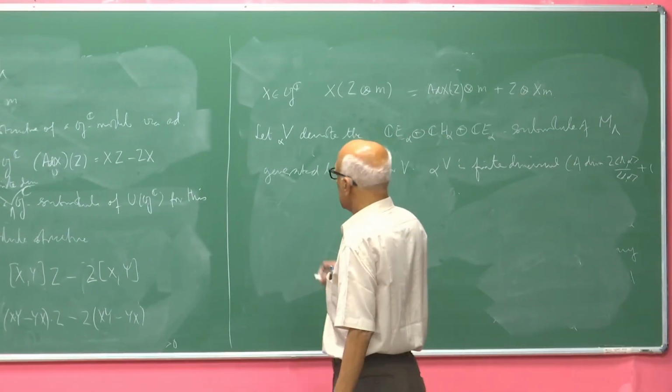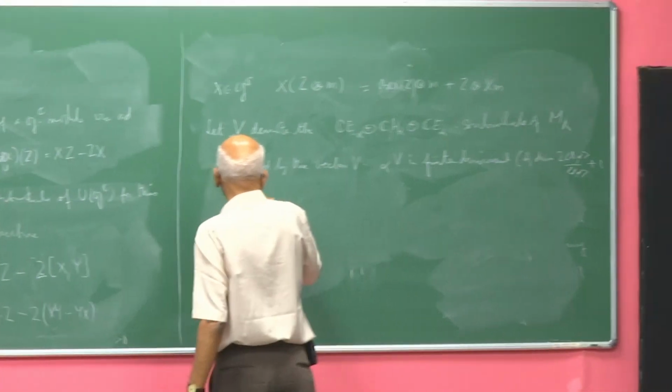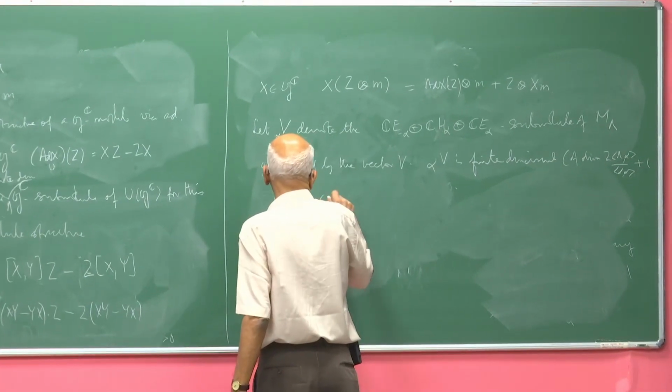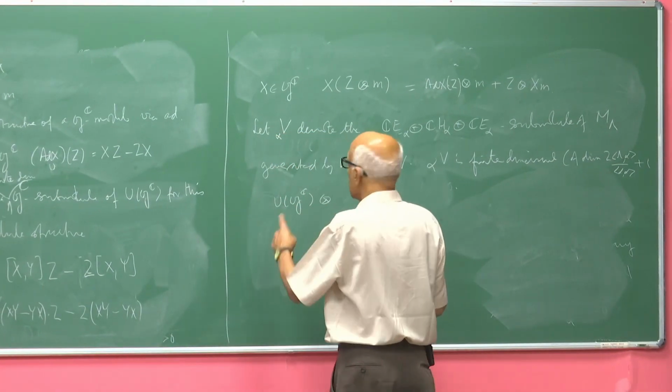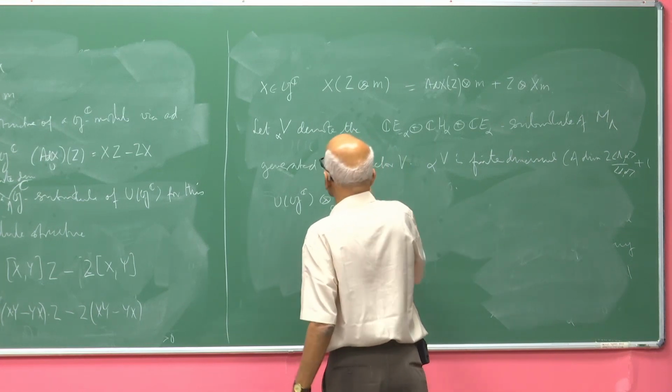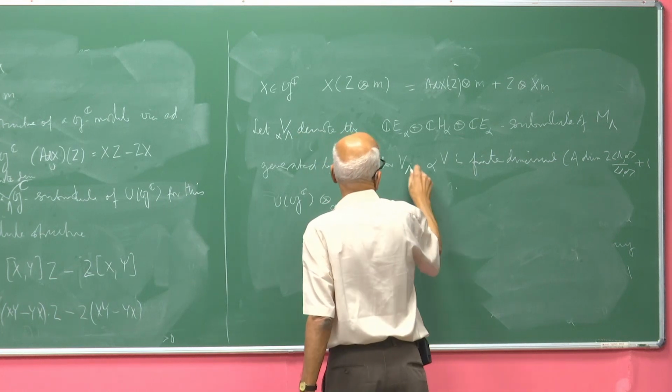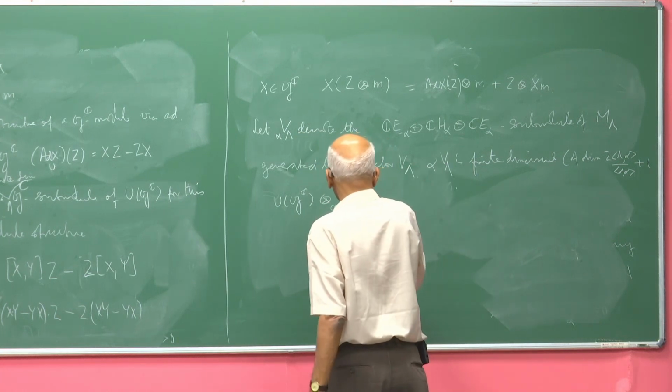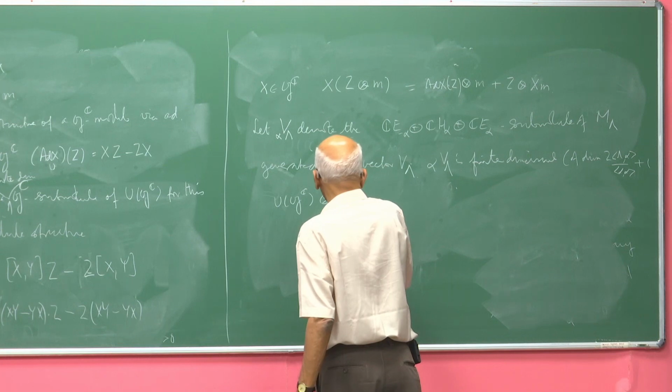And now you look at UGC tensor this alpha v, tensor C of alpha v lambda.